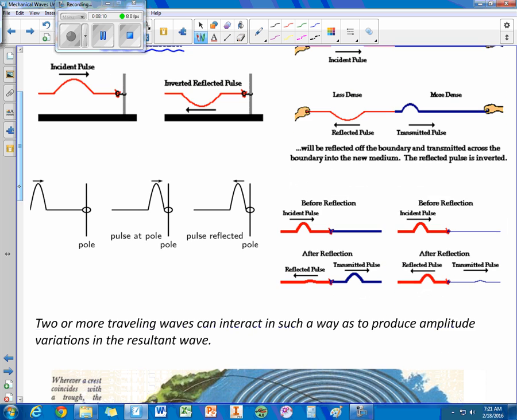If we have a movable end, such as this one, as the wave encounters this, the ring will pick up and then go back down, and then the wave will be sent back on the same side. So if it comes in as a positive amplitude, it will leave as a positive amplitude.